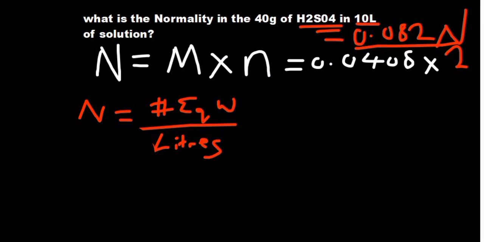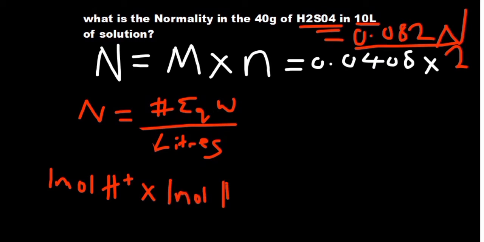Okay, so since we're talking about an acid, we'll say 1 mole of a proton. We're trying to determine its mass. So we'll then multiply by 1 mole of sulfuric acid, H2SO4, and per every 1 mole of sulfuric acid that dissociates, we have 2 moles of what? The hydrogen proton.